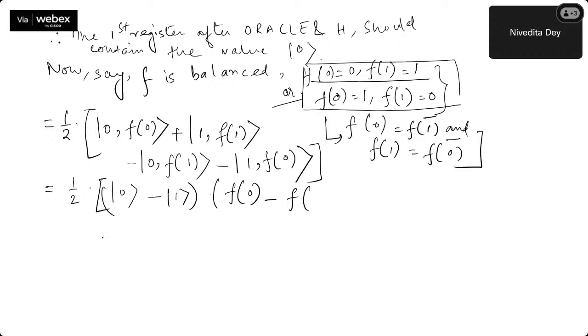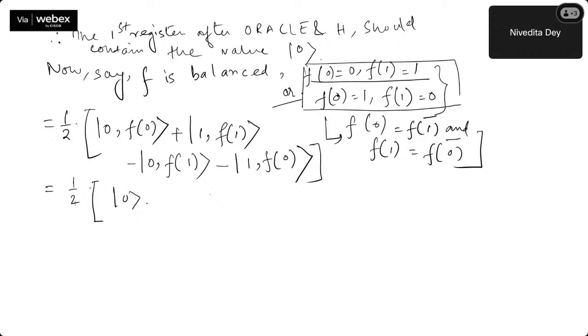Okay, let me not do any step jump. At least for one algorithm, let me write everything. So what I am doing is taking F0 as common.